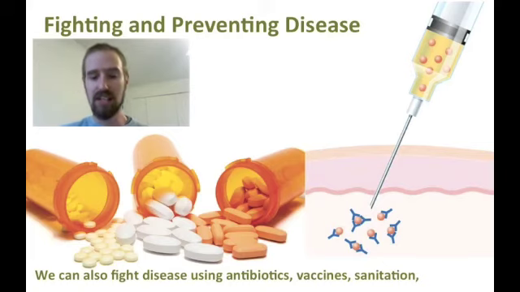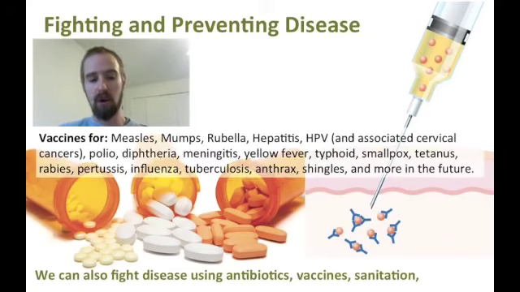Now, some of these vaccines last a lifetime. Others of them, like the flu vaccine, we need to get every year. But vaccines have been very important in advancing our society and getting rid of a whole bunch of pretty terrible diseases.